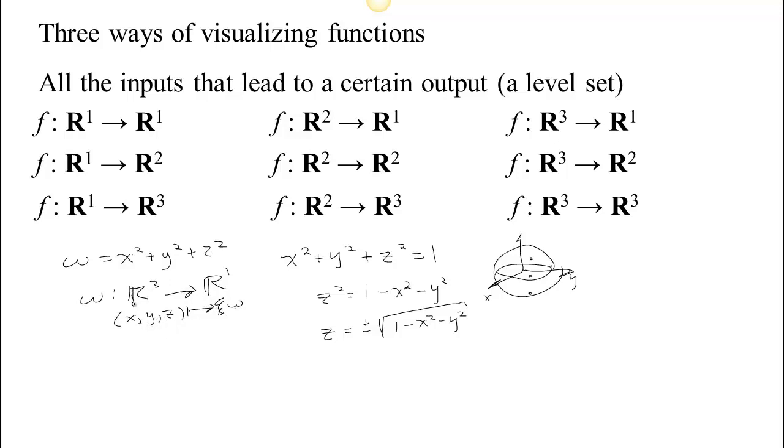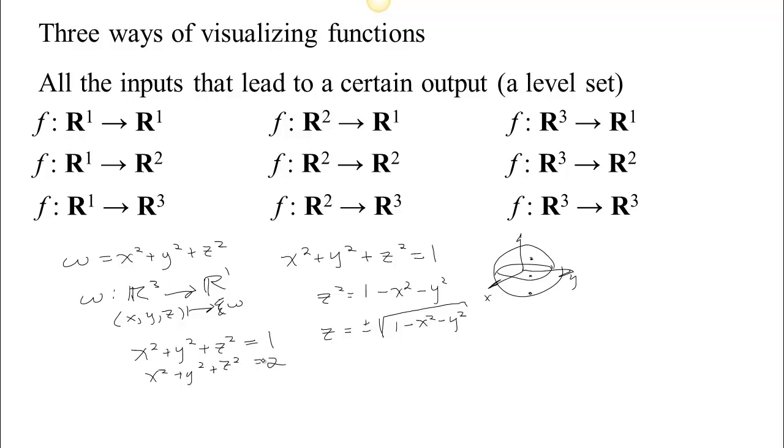We can't look at the graph of that function, but we could definitely ask, okay, what are all the possible values of inputs x, y, and z that lead to w equals 1? Well, that would be the sphere of radius 1. What about all the inputs that lead to 2?